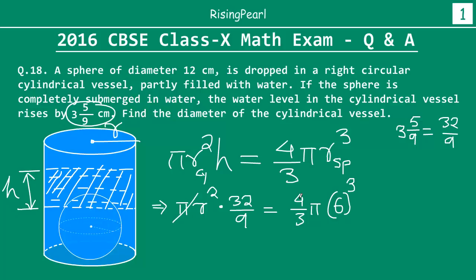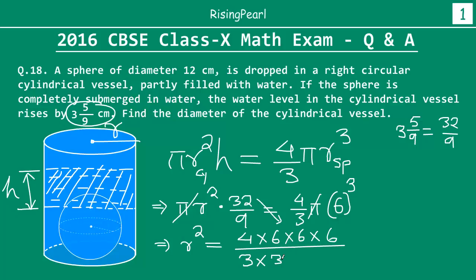Now if we solve it, pi and pi will cancel out, so what we have is r square will be equal to, now let's write the things here properly. So 4 times 6 cube is 6 times 6 times 6 divided by 3 times, now cross multiplication, so this will come here 32, and 9 will go in the numerator over here, right?